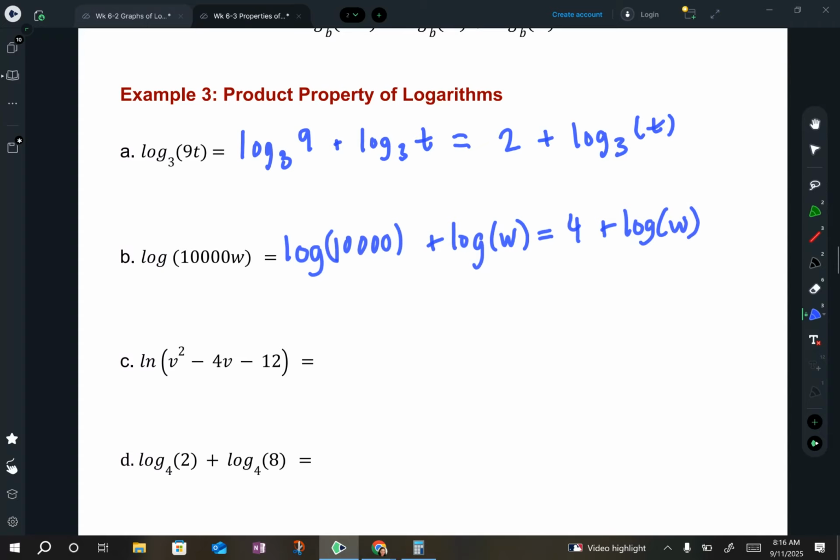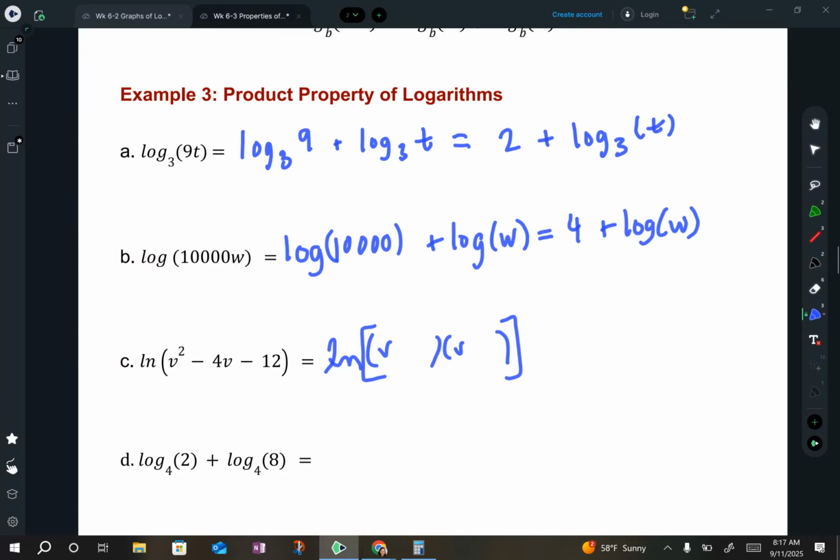All right, let's look at C together. We have the natural log of this quadratic expression, and that's not a product. So what do I need to do here? Well, it doesn't say to do it, but when you see something like this and you're supposed to be using the product property, it means I need to write this as a product, which tells me I need to factor this. So let's go ahead and factor v squared minus 4v minus 12. So it's going to be v and v.